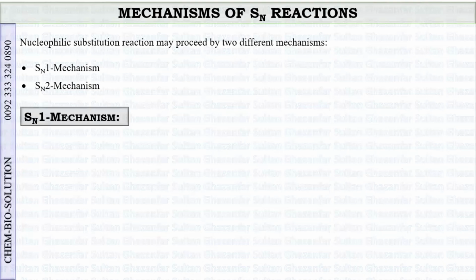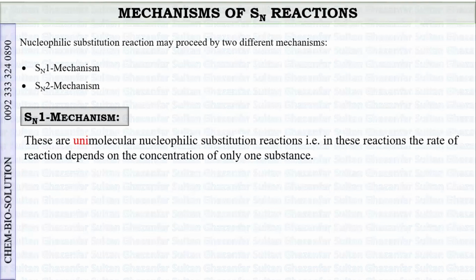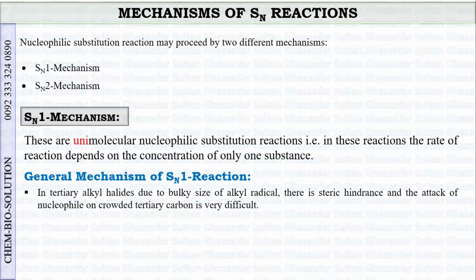Now, the SN1 mechanism, that is the unimolecular nucleophilic substitution reaction. In these reactions, the rate of reaction depends on the concentration of only one substance, and that substrate is the alkyl halide. The general mechanism follows the following steps. It happens in tertiary alkyl halide due to the bulky size of the alkyl radical.